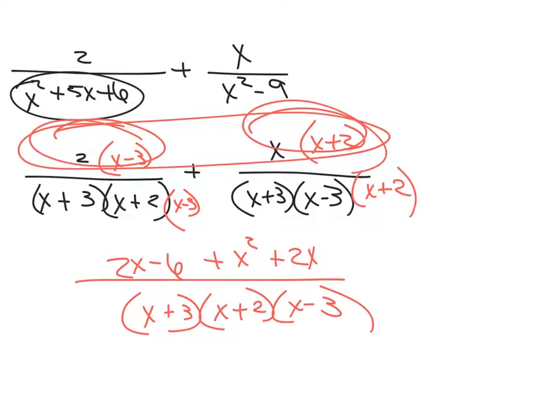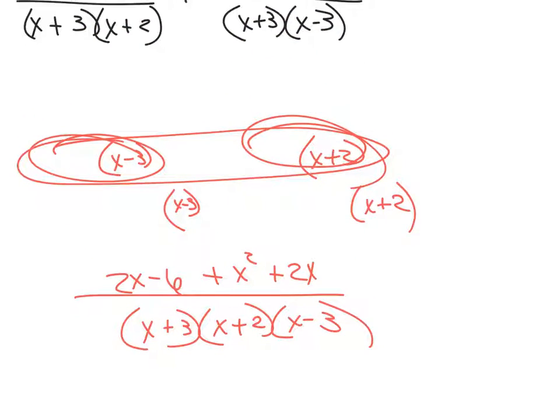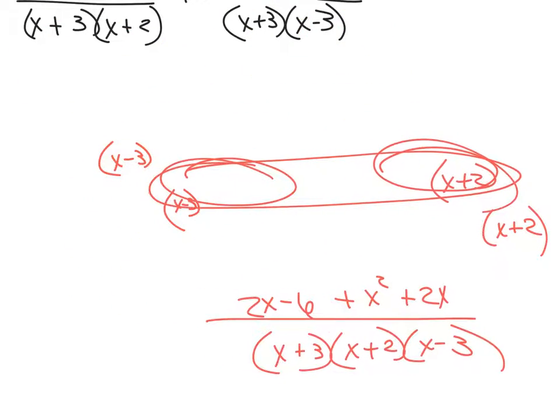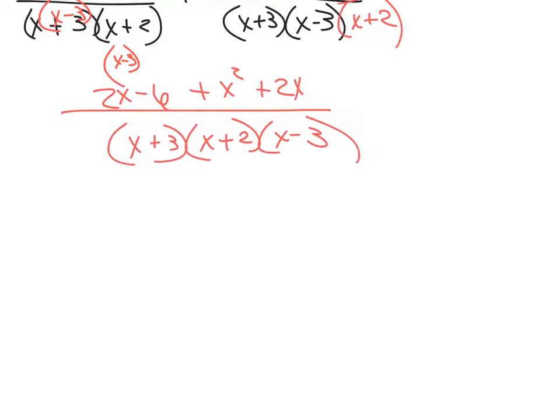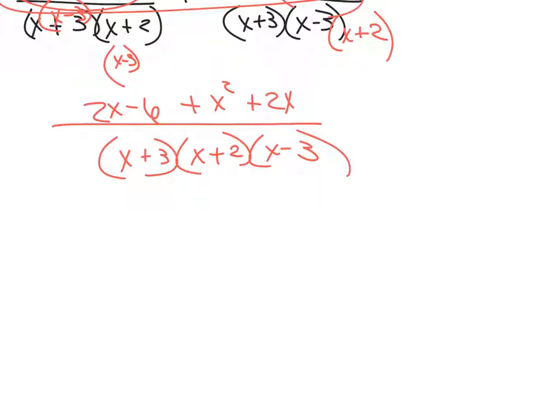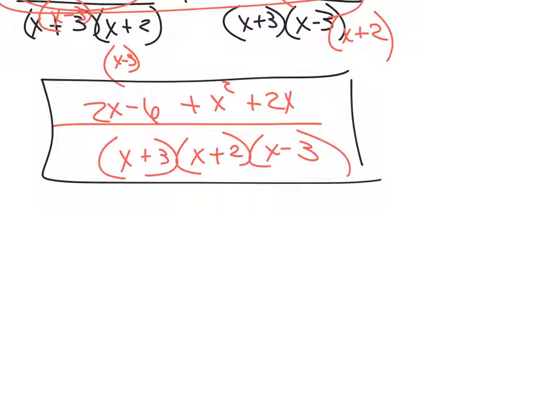That doesn't look very simplified at this point. So let's get some junk out of the way. Okay, so this is what we have left. I'm going to rearrange that top so it's x squared plus 2x plus 2x. That takes care of both of those 2x's and that.